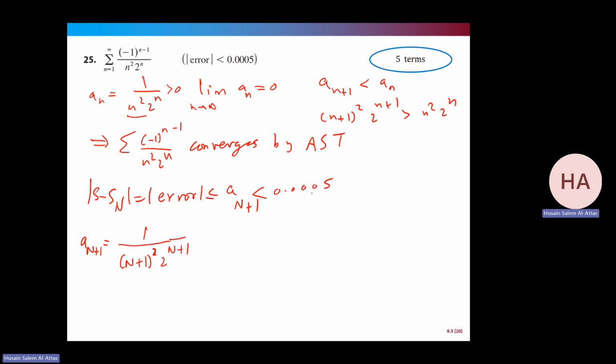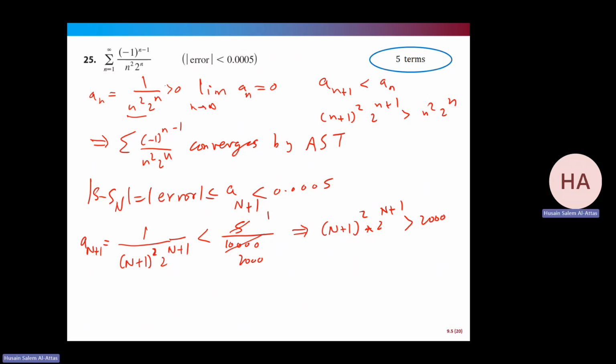I want this to be less than 5 over 10,000, which is 1 over 2,000. So I want (n+1) squared times 2 to the power (n+1) to be greater than 2,000.